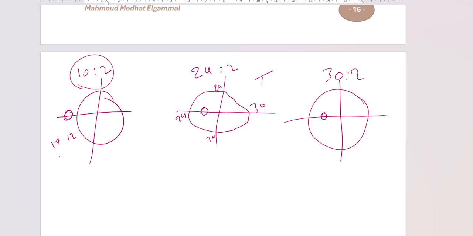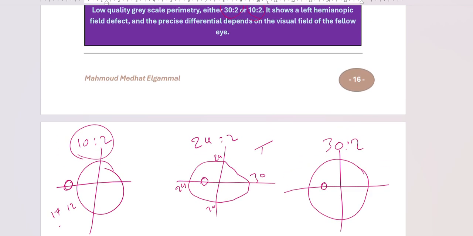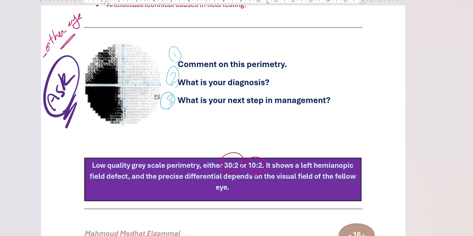So which display is this? You need to comment on that. It's a circle. So it's either 10:2 or 32. But you can't see the blind spot. If it's 10:2, the blind spot would be here, not displayed or tested, and if it's 32, it would be here.